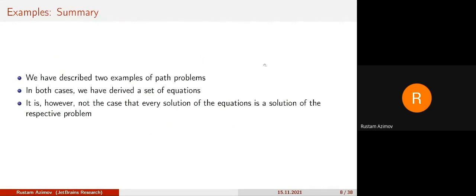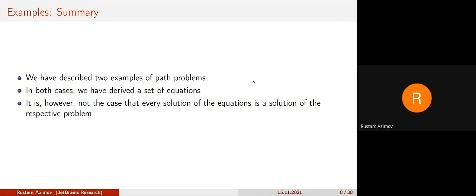And we described two examples of path problems. In both cases, we showed how we can build a set of equations using different operations. But it's worth noticing that not every solution of these equations is a solution of the initial problem.